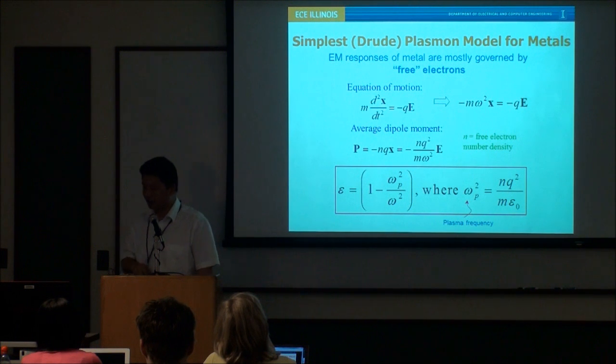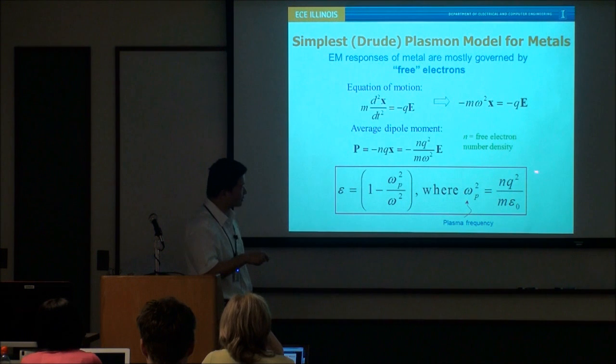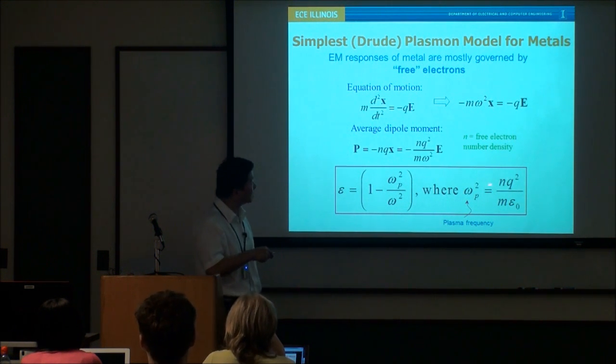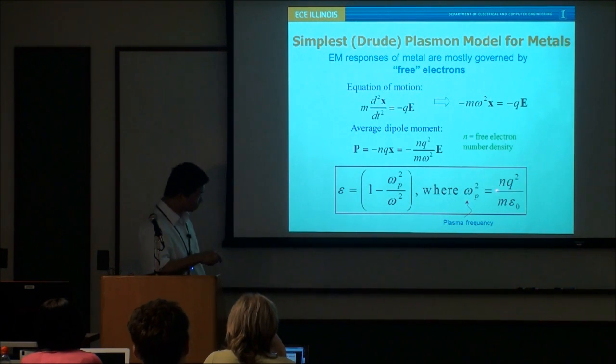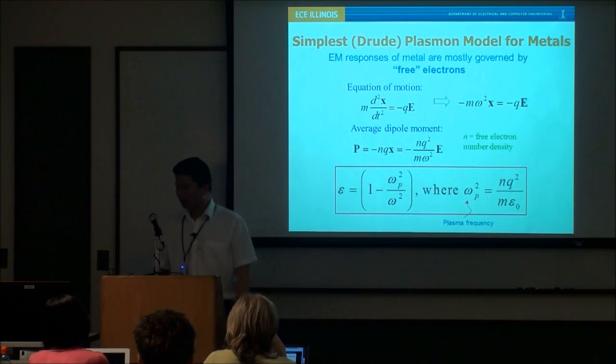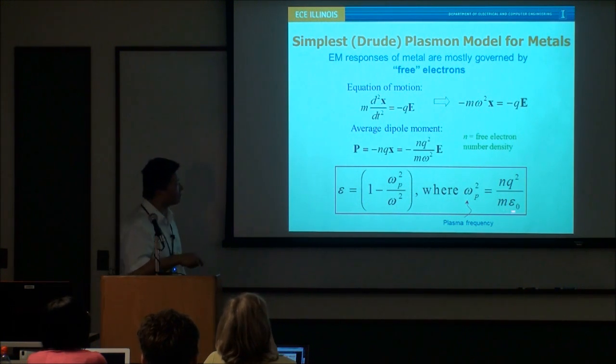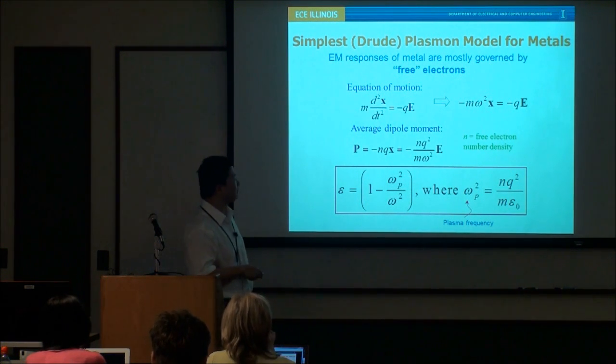Here, omega_p is the so-called bulk plasma frequency, which is determined by the free electron density n, the charge of electrons, the electron mass, and the permittivity of vacuum.